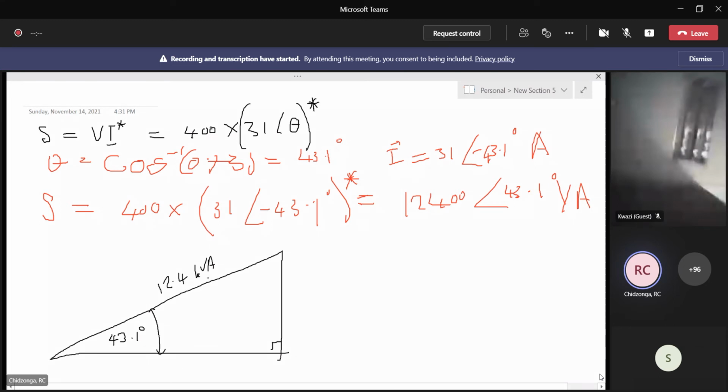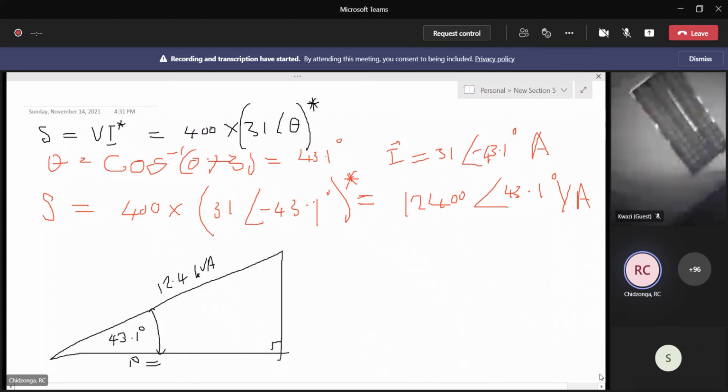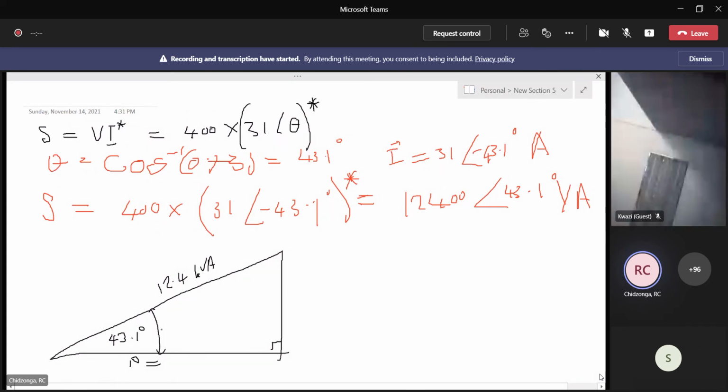And if you have got the hypotenuse and the angle, it means you can find the value of P. P is simply 12.4 cosine of 43.1. And you can also find the value of Q. I'm going to call this one Q1. Q1 is going to be 12.4 times sine of 43.1. So can you calculate for me there?